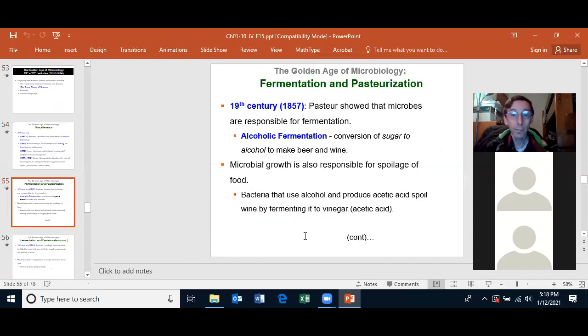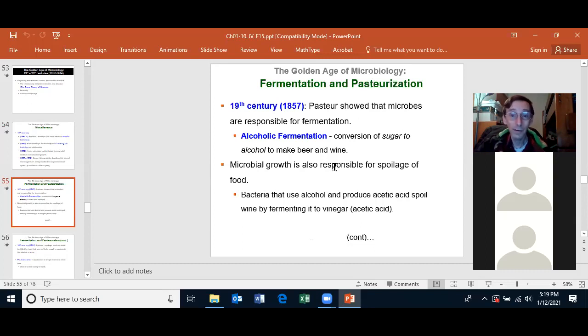Out of this work, Louis Pasteur, who is very famous in early microbiology, showed that microbes are responsible for fermentation. He got into this research because the beer and the wine industry were having their beer and their wine going bad, and they asked Louis Pasteur to find out what was going on.